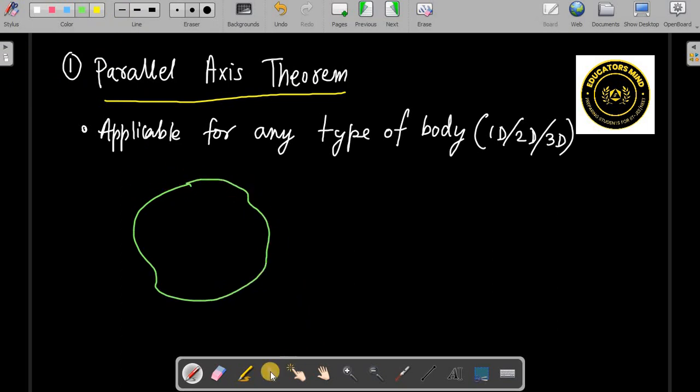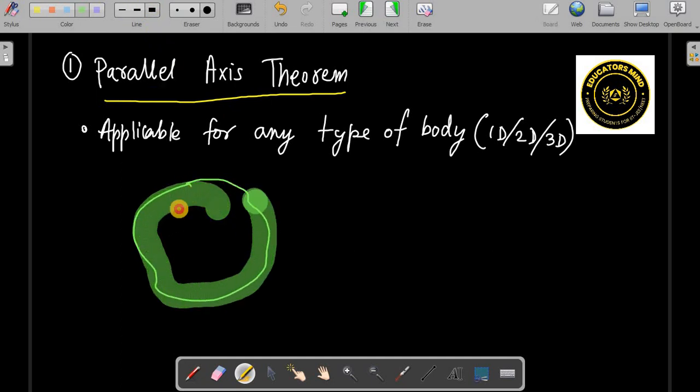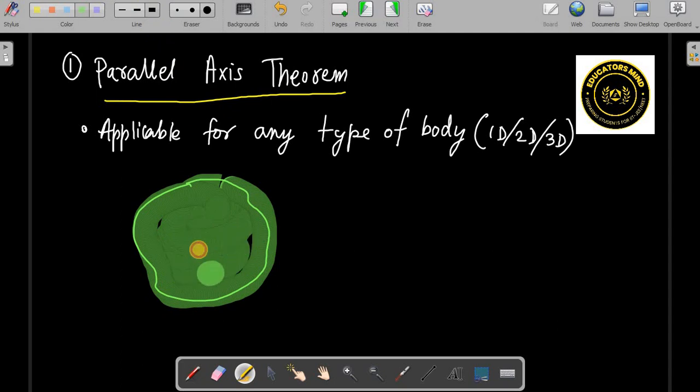What does the parallel axis theorem say? Suppose there is an object. Consider this as an object. Now take, for example, an axis passing through the center of mass. First of all, locate the center of mass. Let us say the center of mass is here.